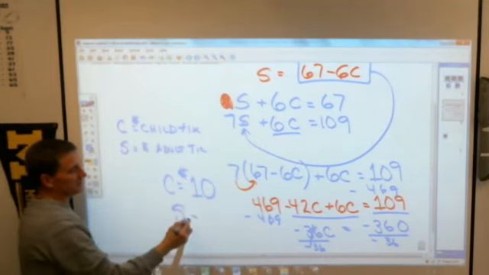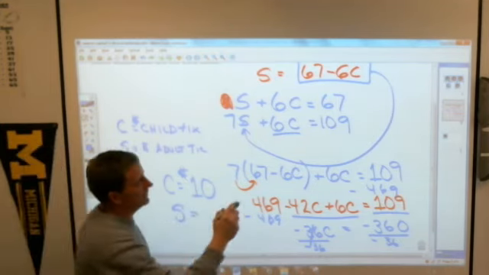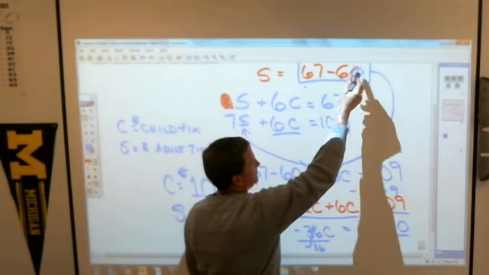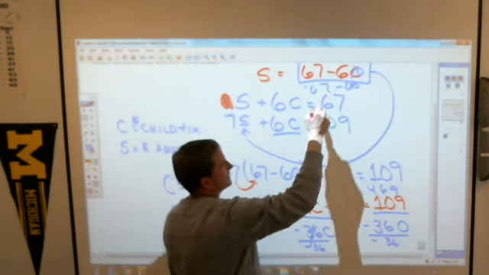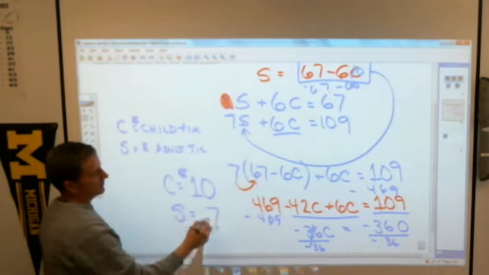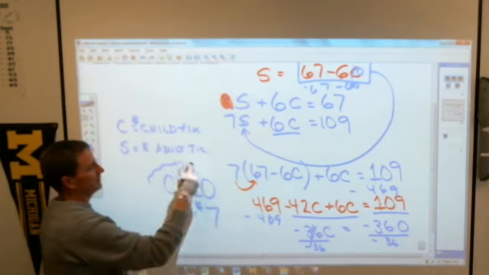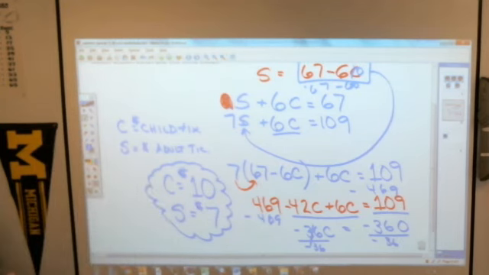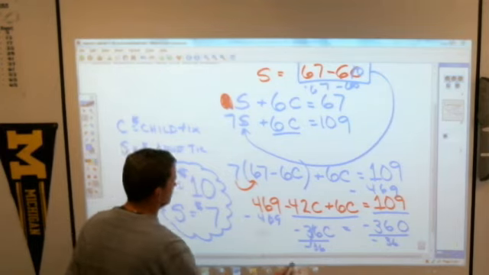A senior citizen ticket, you can go back to right here, put $10 in for the child. 6 times 10 is 60, and 67 minus 60 is $7 for a senior citizen ticket, because you have those all labeled. How about that? Again, welcome to the world of slightly more complicated math than just 6th grade stuff, but it's all baby little steps.